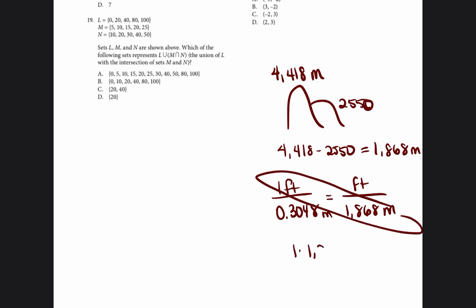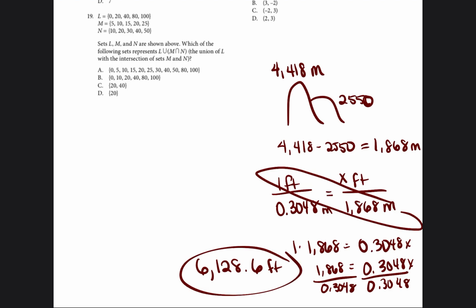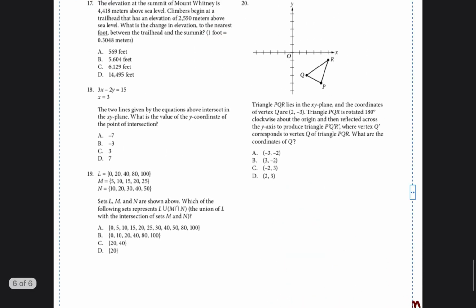That's 1 times 1,868 is equal to 0.3048 x. Then just divide on both sides, and that number is equal to 6,128.6. So the answer would be C.